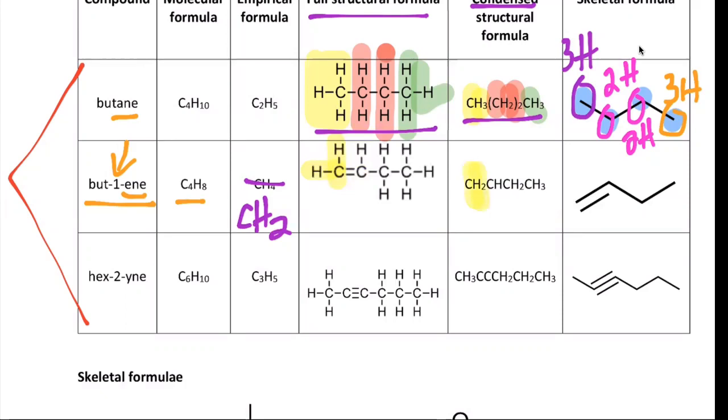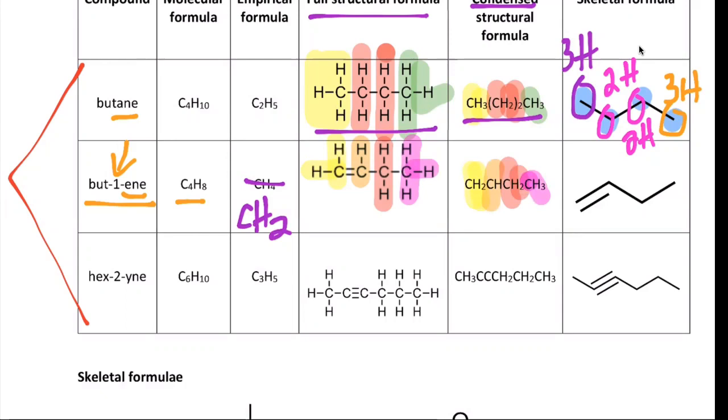And then the next one, this carbon's only bonded to 1 hydrogen, so the next one is just CH. And then the next carbon is bonded to 2 hydrogens, so there's a CH2. And then the one on the other end, it's single bonded, so it's got 3 hydrogens. So it ends with CH3. So again, that's how I go between the full and the condensed structural formula.